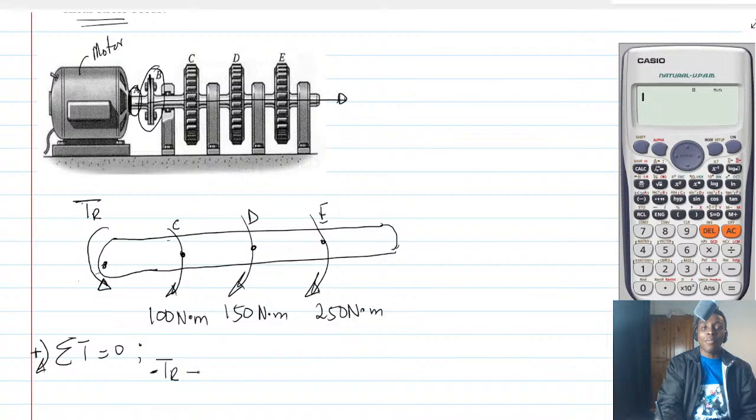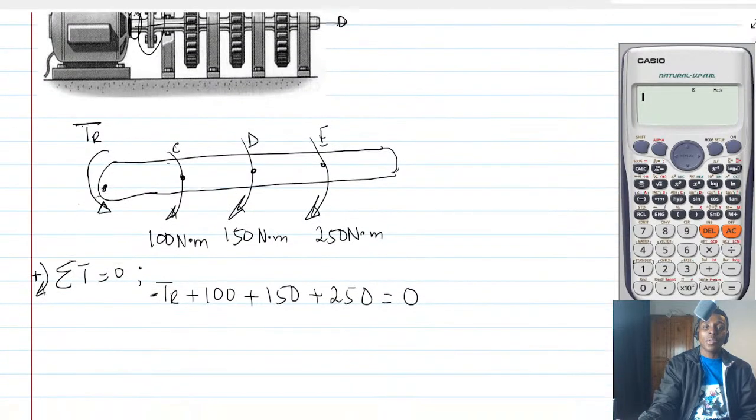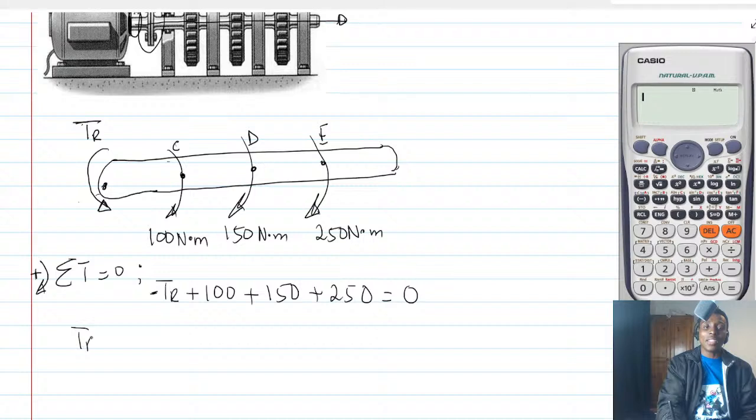Then I have plus 100 plus 150 plus 250 should be what? 0, equilibrium. So essentially TR is going to be 100 plus 150 plus 250.